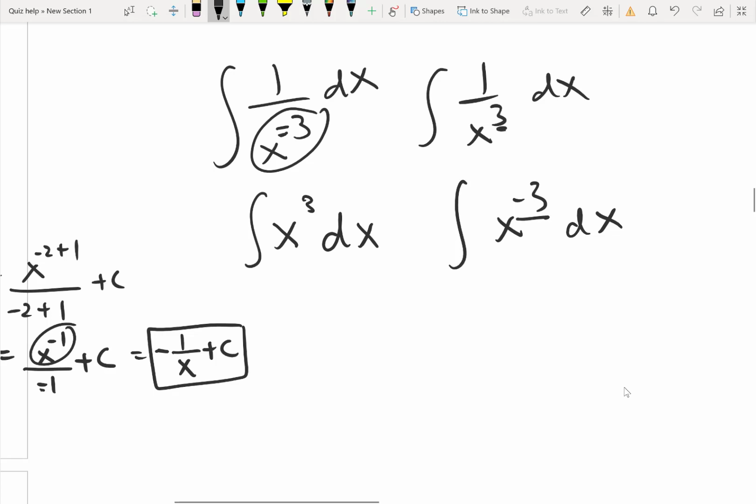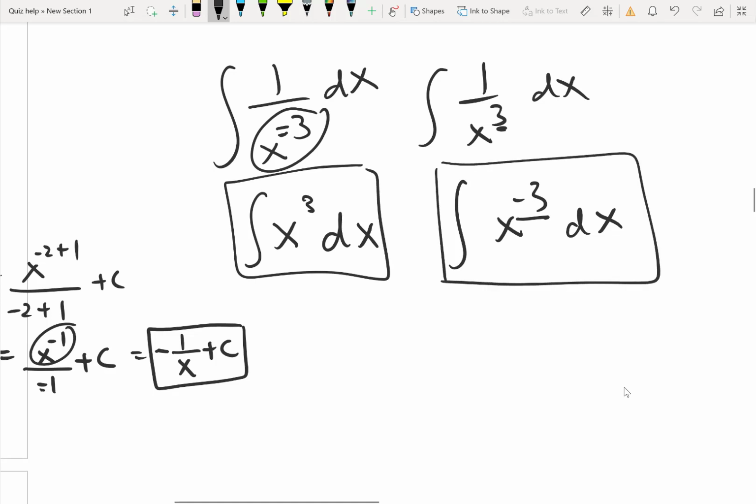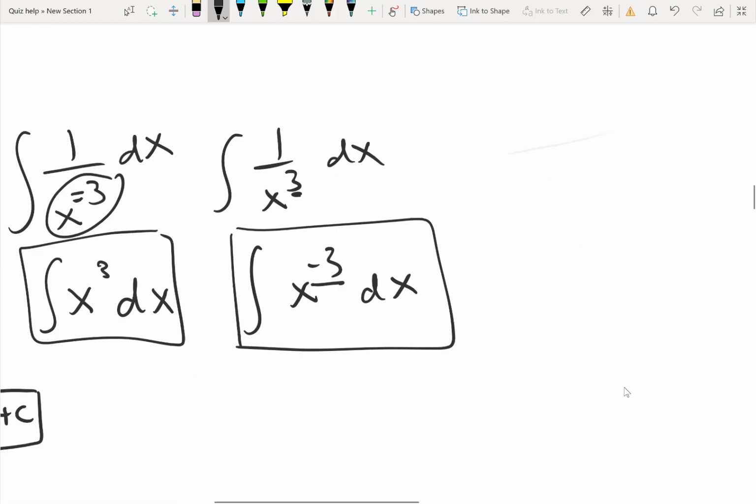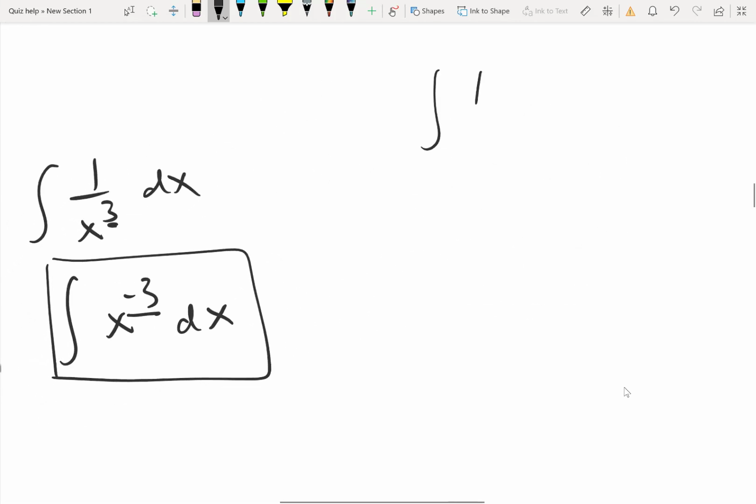Now if we have negative, it becomes positive 3. Now you know how to integrate these, right? We can use the old rule, rule number 2. But if you have 1 over x, or k over x, to integrate that we have to use the natural log rule, rule number 4.